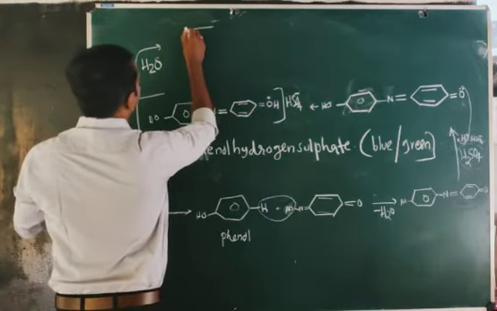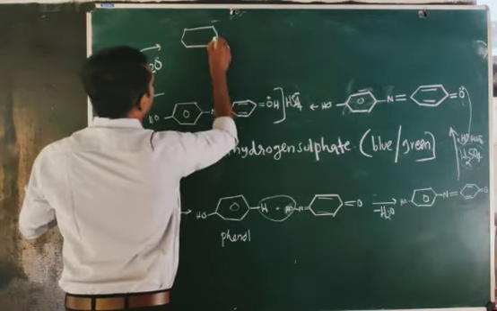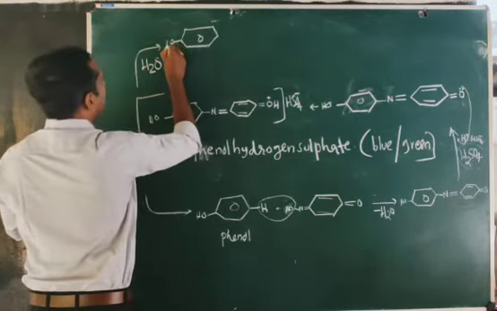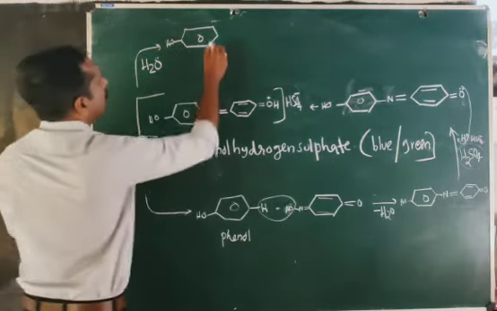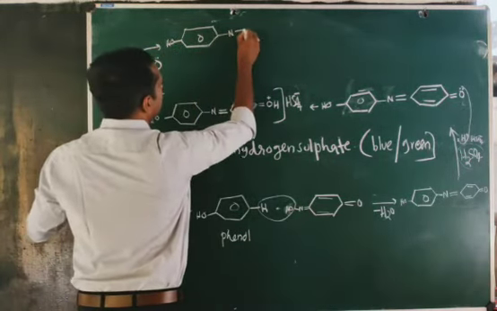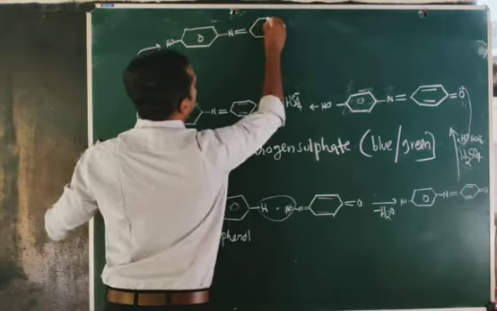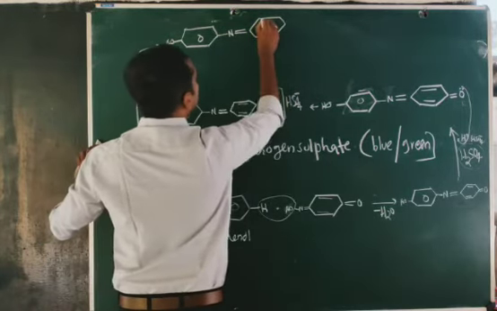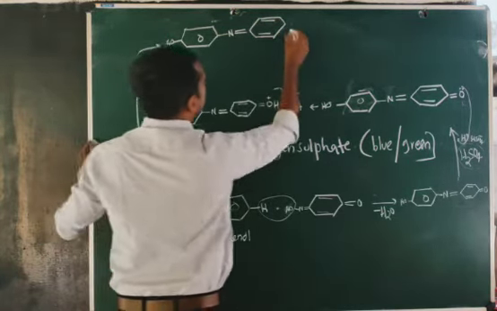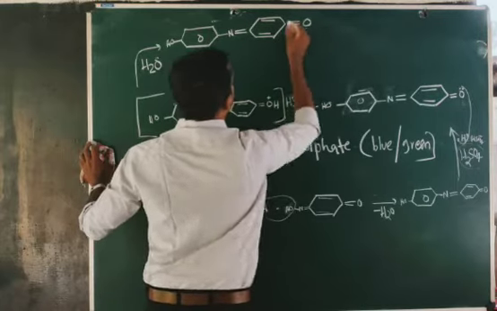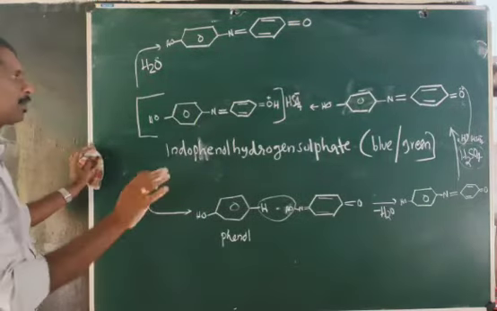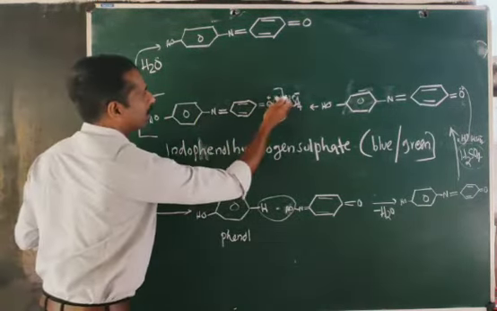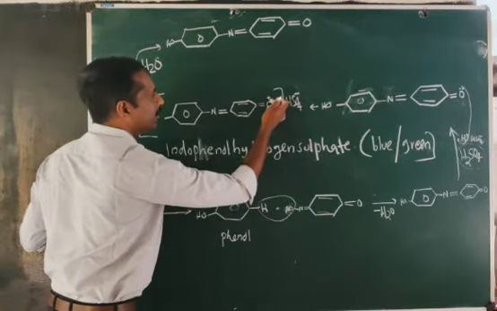Then what do we get? We get a structure like this. Here it is OH, and here it is N double bond ring. Here is the double bond, here it is O, and what is removed? This H. The water is removing this H again from here.